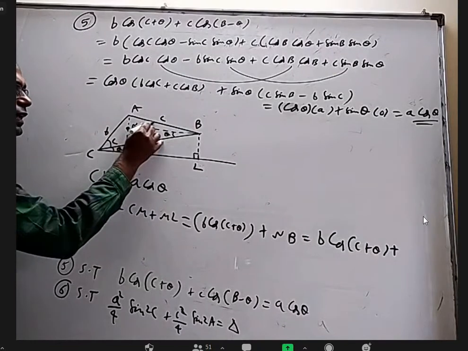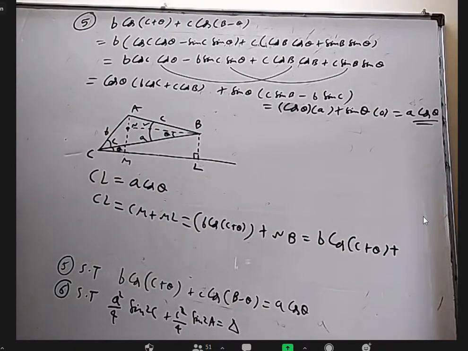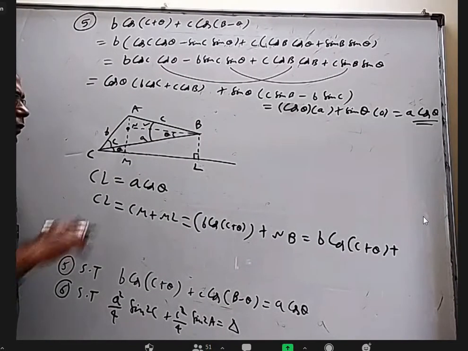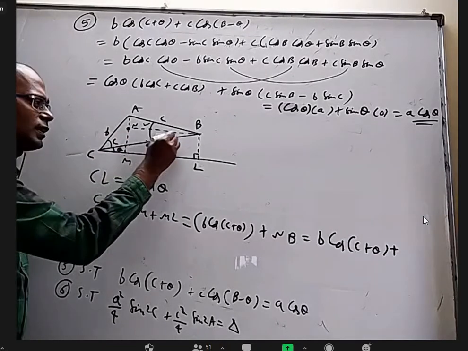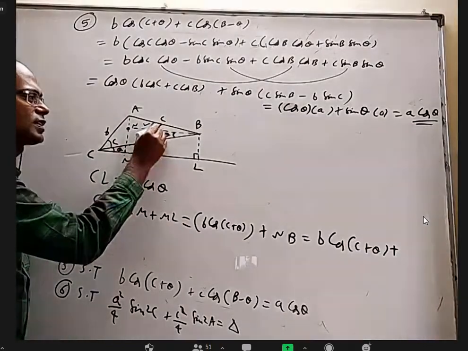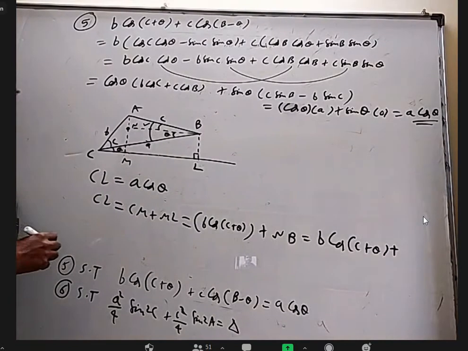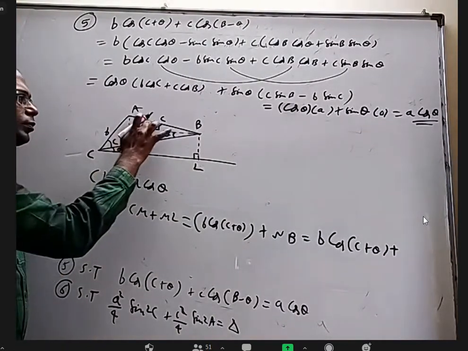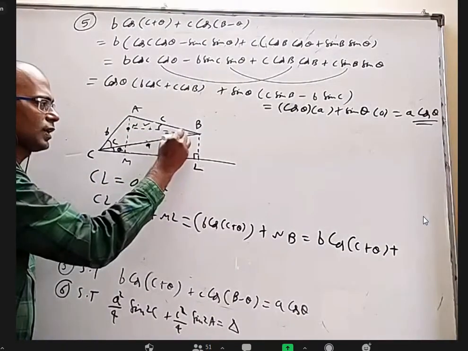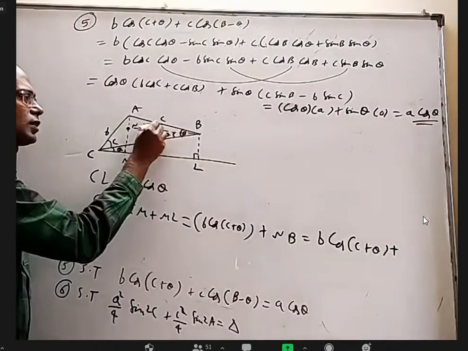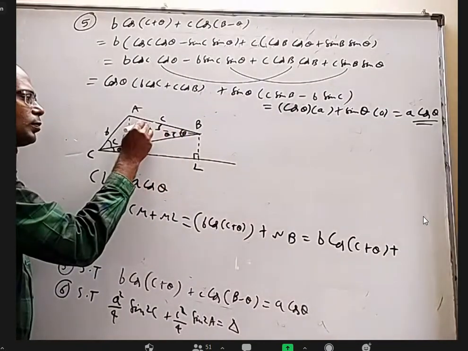What is this total angle? B. In that, the small angle is theta. So what will this small angle be? B minus theta. So this total angle is B, this is theta, so this angle is B minus theta.